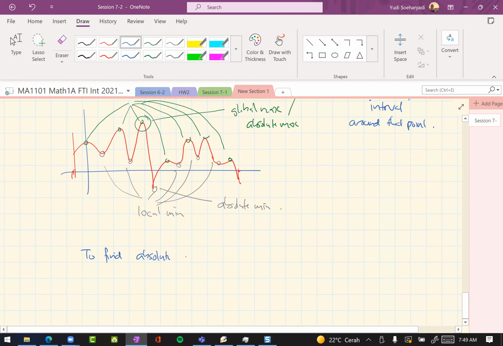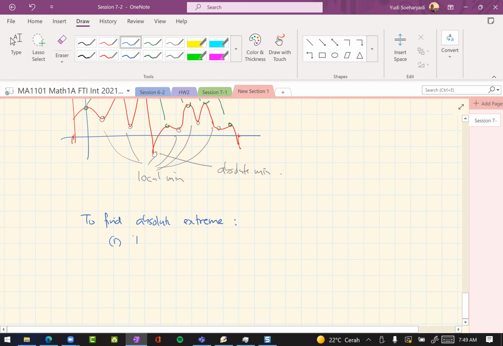First, find all critical points, and then compare on those critical points.